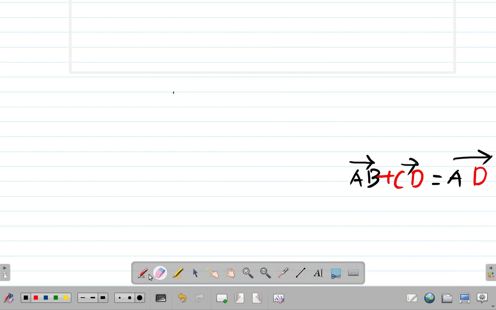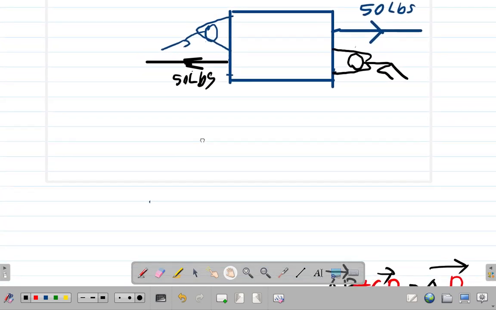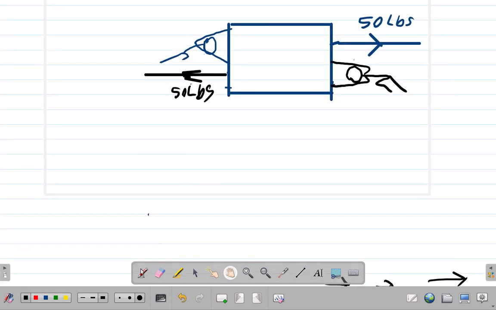But let us see what's going on in this case. In fact, I'm going to draw your friend vector in red. Here now you have 50 pounds to the right and 50 pounds to the left.